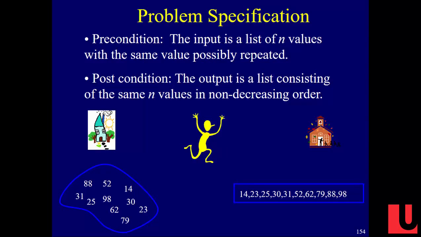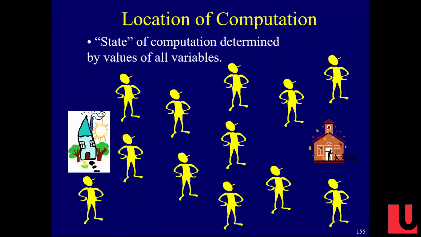And the picture here says it's a bunch. And the postcondition is that we have the same numbers with the same number of repeats, and they're sorted. All right, everybody good? Pre- and postcondition?